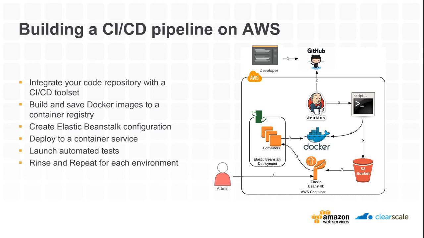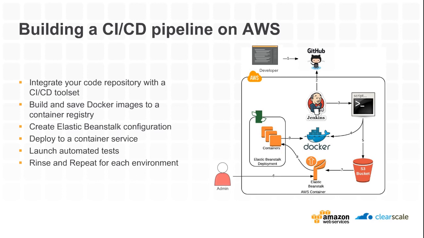And then as part of your CI/CD workflow, you'll create an Elastic Beanstalk application. And this is just the configuration for it. And you drop that into S3, and then you connect to Elastic Beanstalk and say, all right, here's the Docker image, here's your application configuration, let's launch the container service.